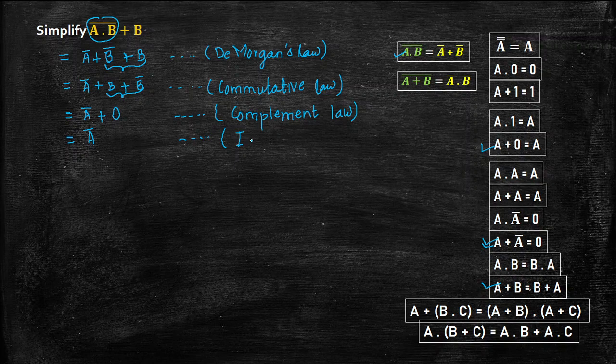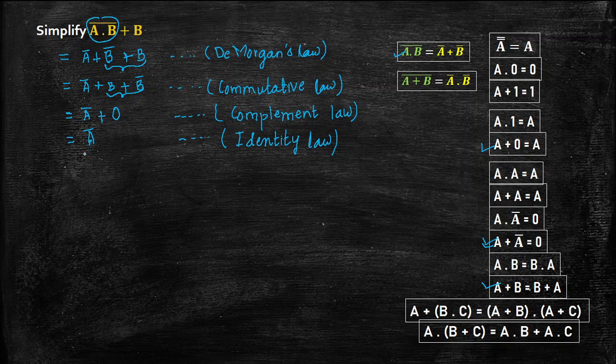There is no further simplification possible, so this is your final result. So the simplification of the complement of A dot B plus B is equal to A complement.